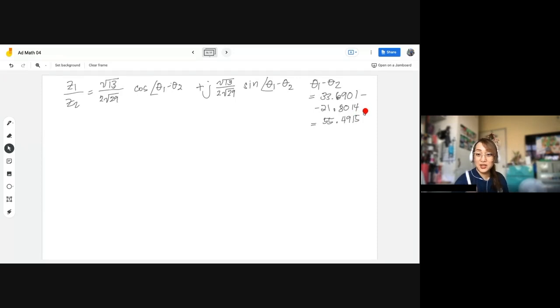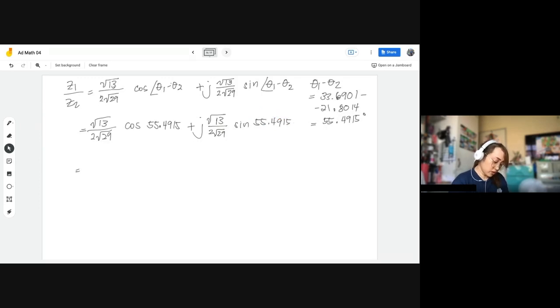As you can see, the same answer is given to you even if you solve them in different ways. So square root of 13 over 2 square root of 29 cosine 55.4915 plus j square root of 13 over 2 square root of 29 sine 55.4915.